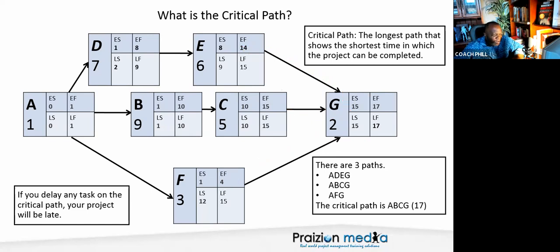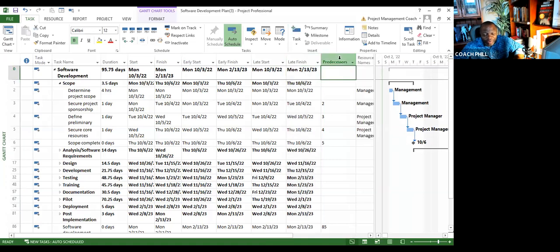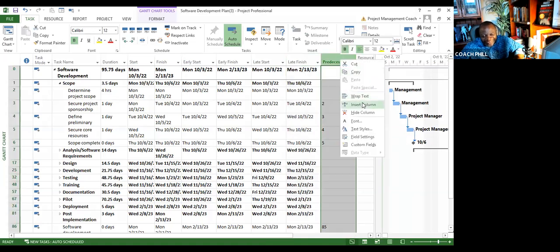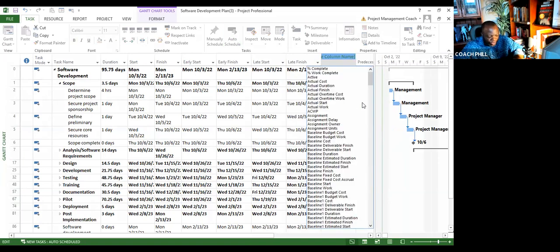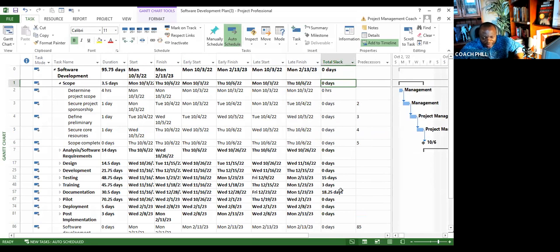All right, now all of those calculations that sound so complicated, they are all done by Microsoft Project. That's why I was kind of joking in the beginning, who in their right mind wants to do this for all the tasks? You don't have to. So if we put in total slack, you can see we've got some slack in some instances, and in others we've got 0.